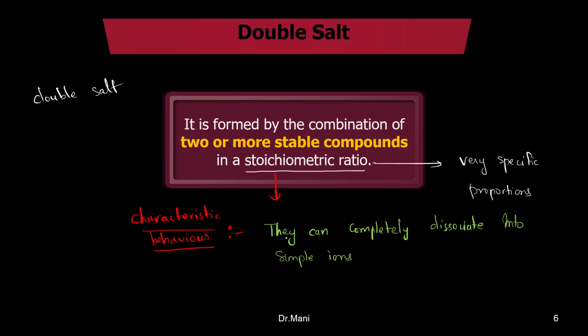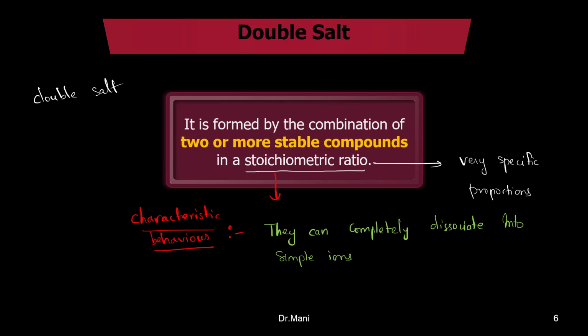Remember this. This complete dissociation is the defining feature. You can differentiate these double salts from the complex salt formations. If I give you a double salt and a complex salt, the double salt will simply dissociate into simple ions, but that will not happen in the complex salts.